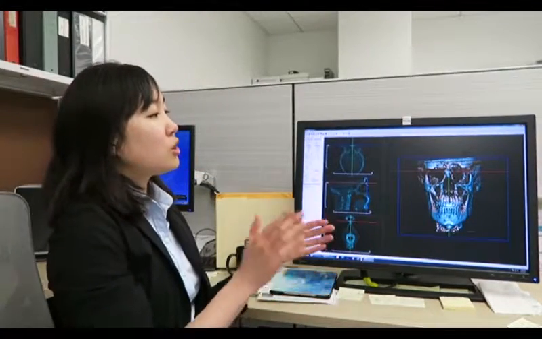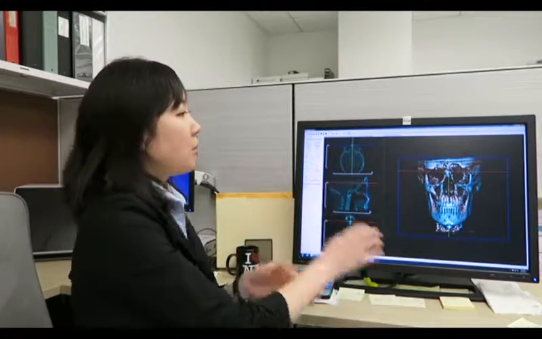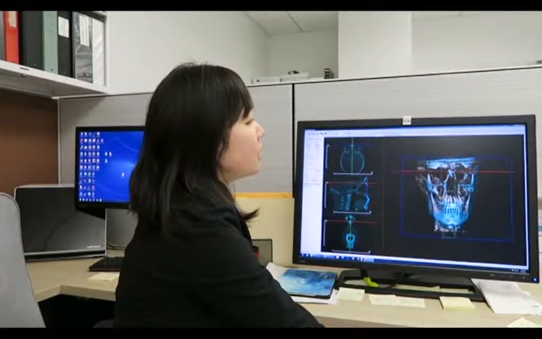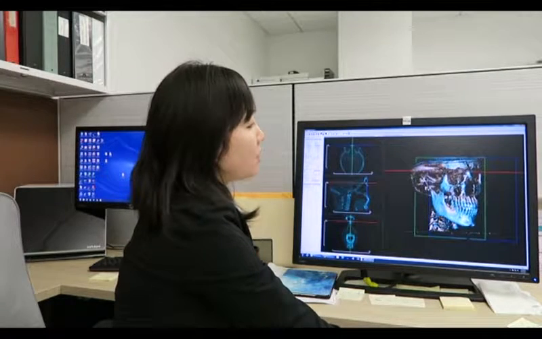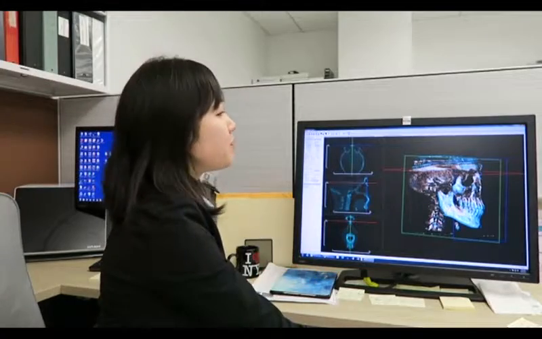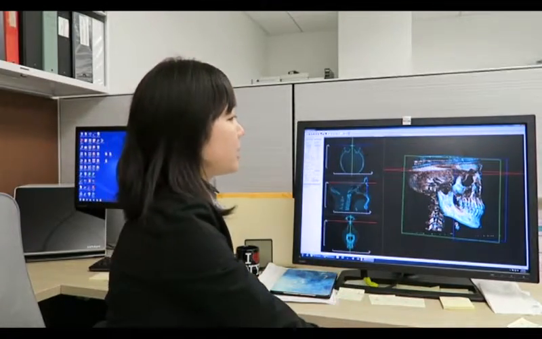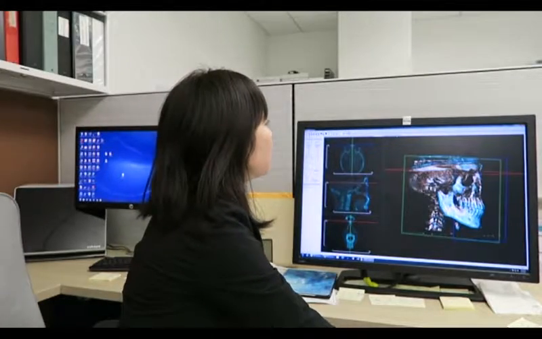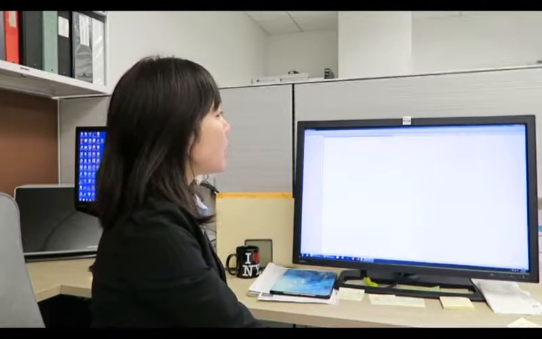So I'm actually able to 3D superimpose the CBCTs virtually on the computer and to be able to look at the differences between the two, see where the major effects are for this particular patient and for all the other patients. In addition, after I put on all the landmarks, I could use this tab, which is the 3D analysis tab.